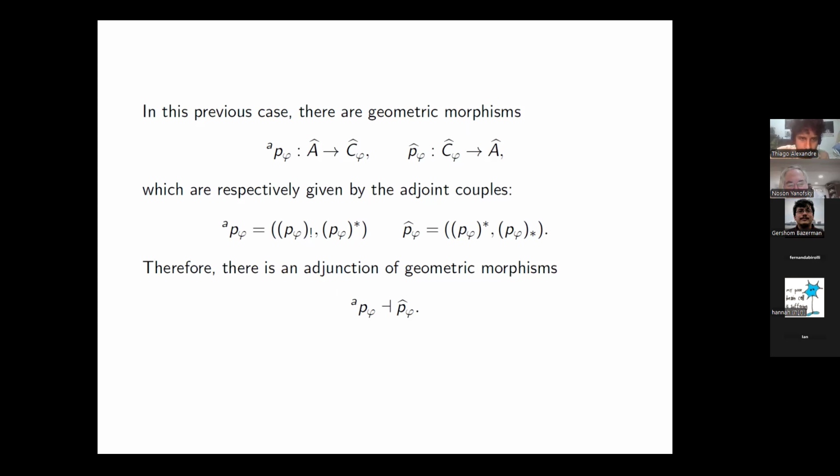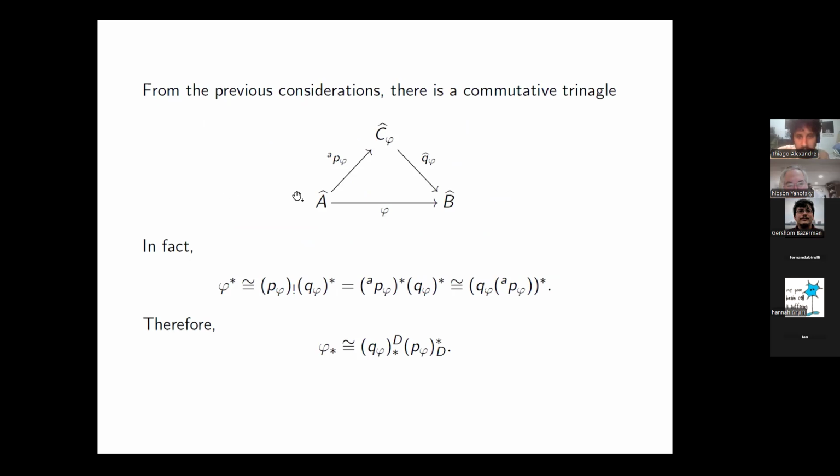So yeah, this means that if we have a geometric morphism like this, we can factor it in a canonical way as a geometric morphism here, which is given by a representably flat functor, and a geometric morphism here, which is essential because it is just a canonical geometric morphism given by a normal functor.